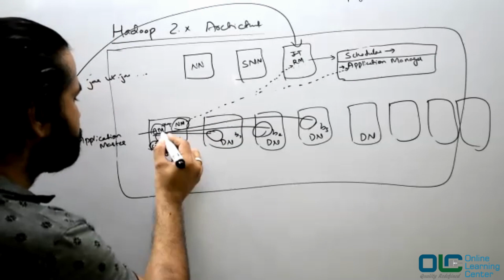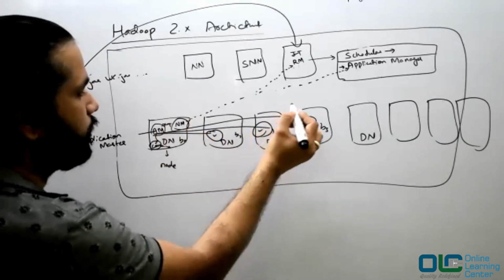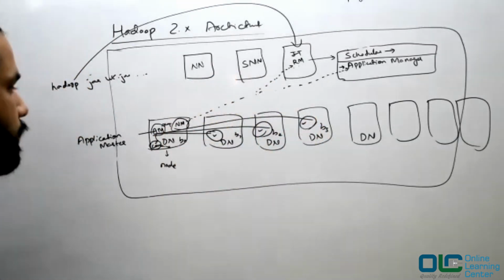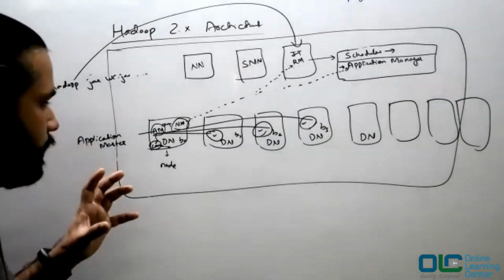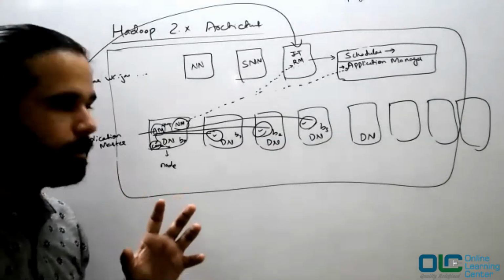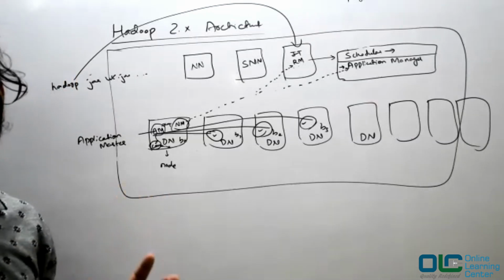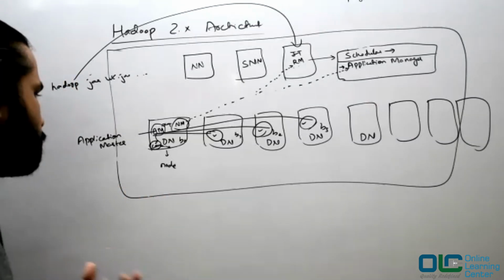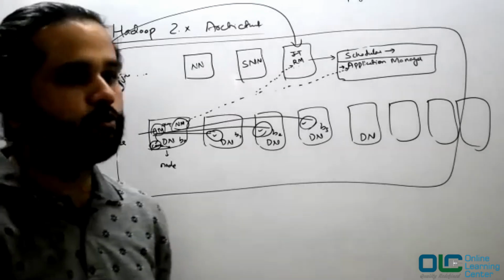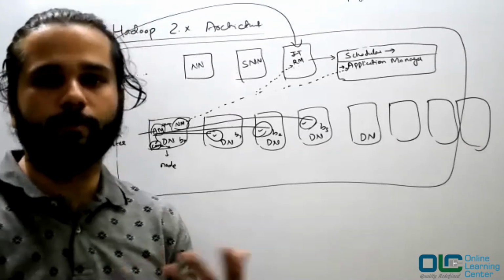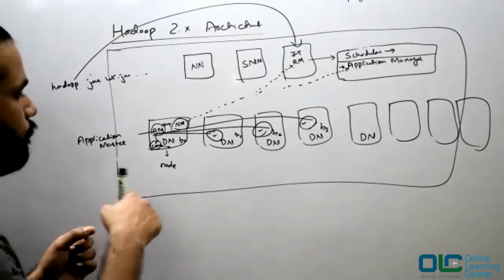Your container is the place where your real job execution happens. Based on the requirement, it could be a map, it could be a reduce, it could be a Spark job, it could be anything, right?